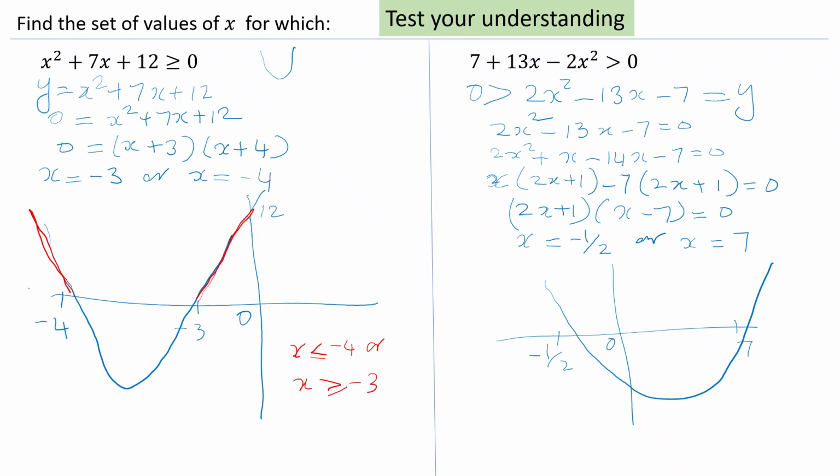When x equals 0, y equals negative 7. Okay. So this graph is less than 0, so below the x-axis, this part. So the inequality is minus half less than x less than 7.